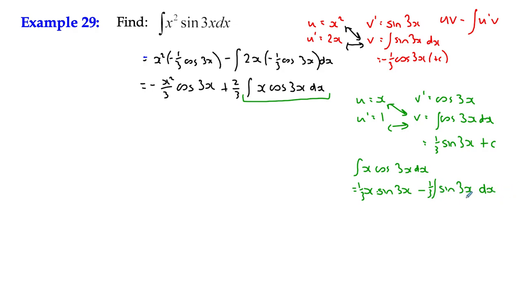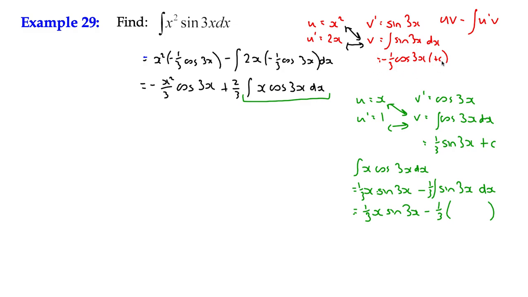And look, I can do that because I've only got one term in x there. So I've got 1/3 x sine 3x minus a third times the integral of sine 3x. Don't rush it, okay? Sine 3x integrates to negative cos, because we did that.